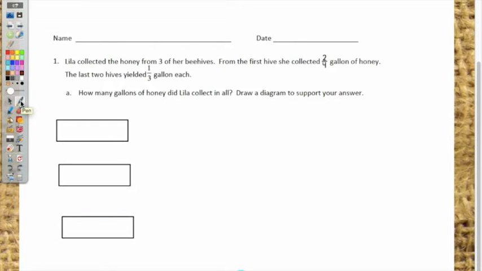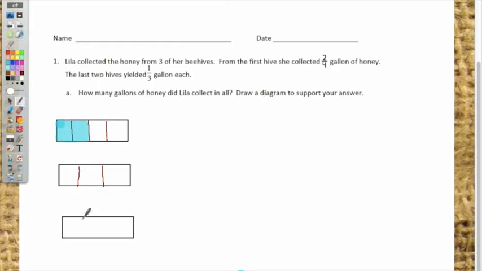So on the first hive, what's my denominator? 4. So I need 4 equal parts. What will I shade? 2. And we all know that's 1/2, don't we? But let's just leave it 2/4 for now. Okay, on the second one, what do I have? 1/3. So 3 equal parts.